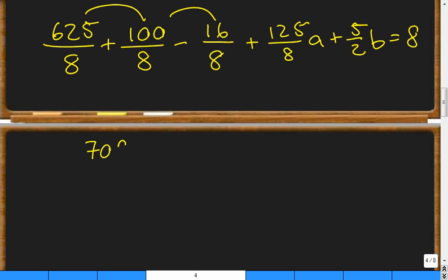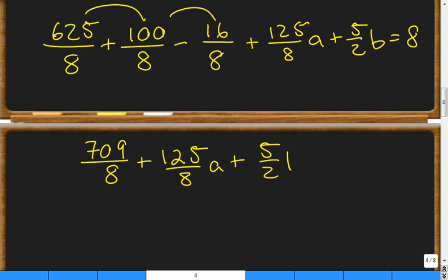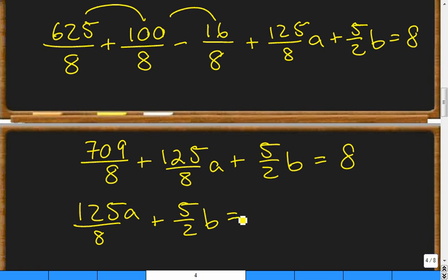So we get 709 over 8 plus our 125 over 8 A plus 5 halves B equals 8. And then subtract that over, we're going to get 125A over 8 plus 5 halves B equals 8 minus 709 over 8.